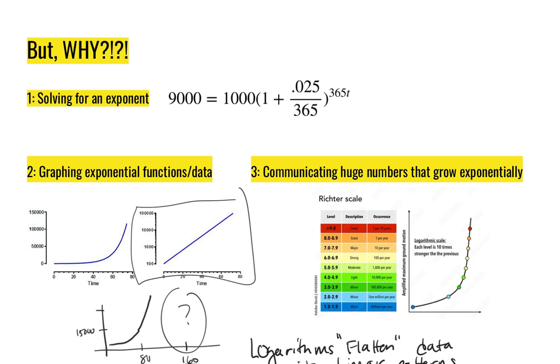Likewise, with communicating numbers that grow exponentially, not just in a graph, we need a way of expressing and simplifying this a little bit, but also in a lot of scales. A lot of people have heard about the Richter scale here in California, obviously with the earthquakes. You've heard, oh, it's a logarithmic scale, like the difference between a 6.0 and a 7.0 is way bigger than the difference between a 2.0 and a 3.0.